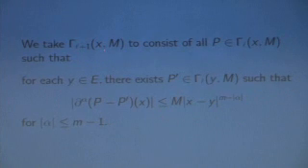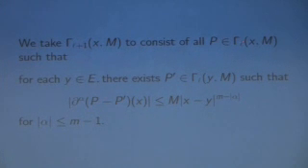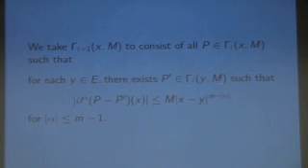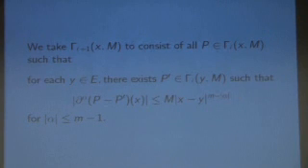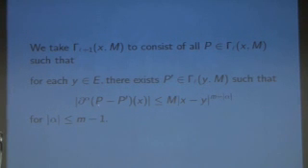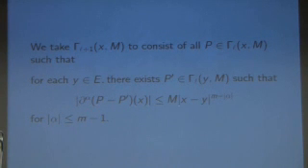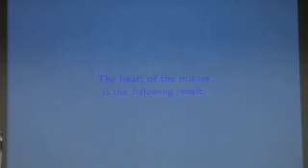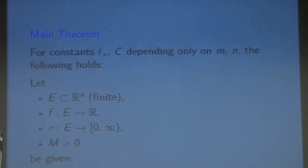So gamma L plus 1 consists of all P in the gamma L, such that for each Y in E, there is a P prime in the previously computed gamma L that has this degree of closeness to P that comes simply from Taylor's theorem. Okay. So that's the definition of the gamma L's. And the heart of the matter then is the following theorem.